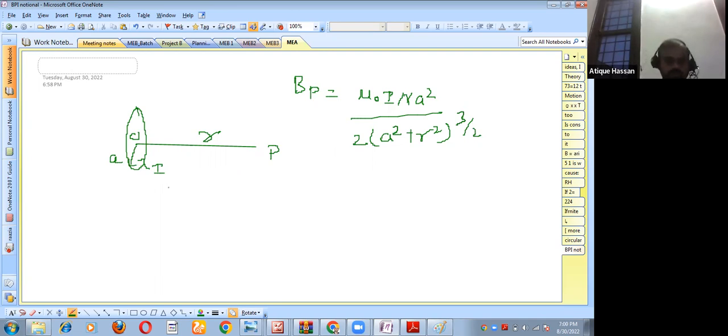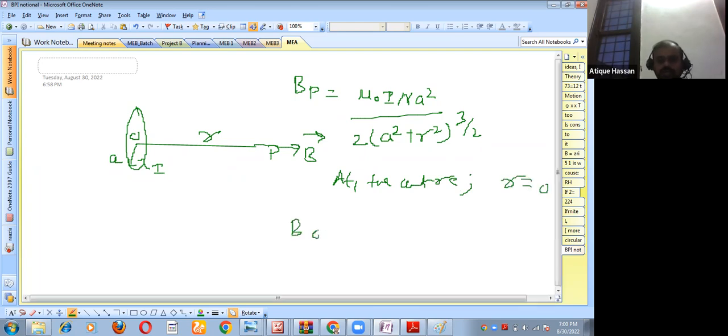And the direction will be like current. If current is anti-clockwise, the direction of magnetic field will be away from the ring. Understood? So this is a formula which we would use directly, and from this formula you can also find the magnetic field at the center. At the center, what you can put? You can put R equal to 0.